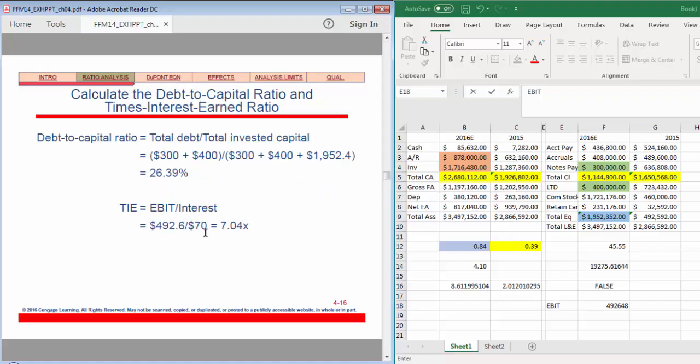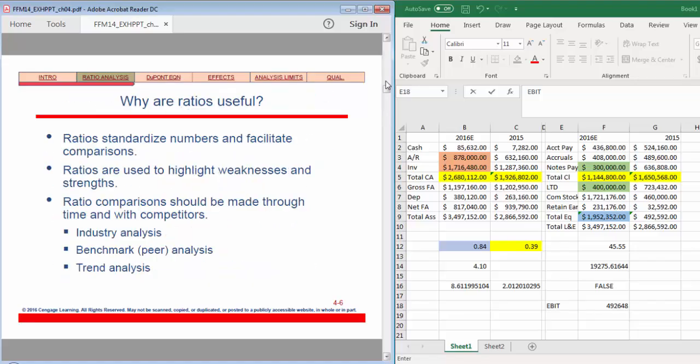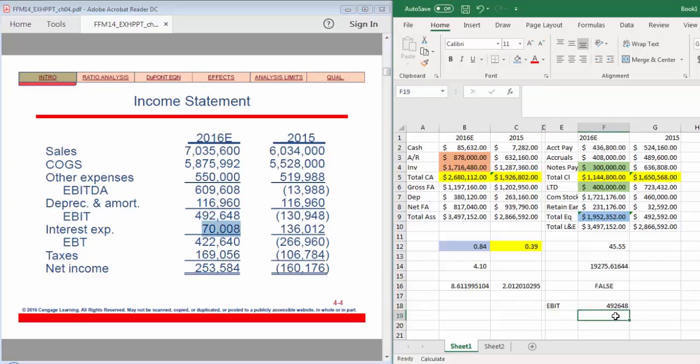The interest that you pay again comes from the income statement. There you go. This is the interest that you're paying, interest expense, 70,008. So times interest earned, that is how many times the interest that you have to pay are you really earning, is going to be this number divided by interest expense.